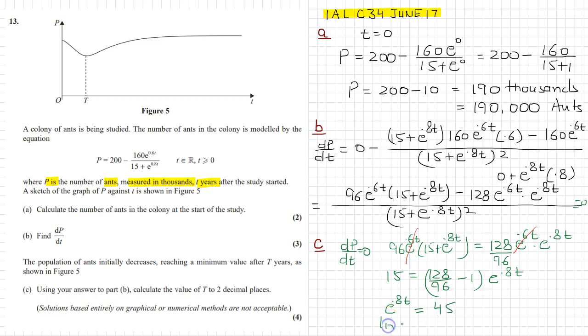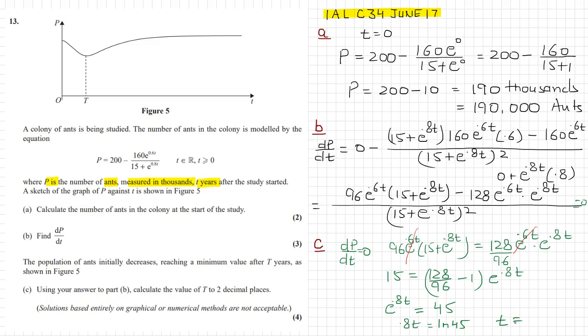So e to the power 0.8t is equal to 45, so 0.8t is ln 45.